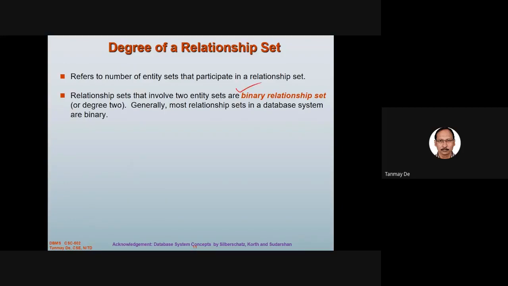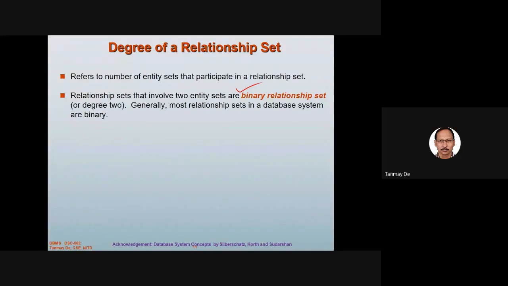For example, depositor or borrower is a binary relationship set. Depositor associates the customer entity set and the account entity set. Similarly, borrower associates the customer and the loan. So these are binary relationship sets.